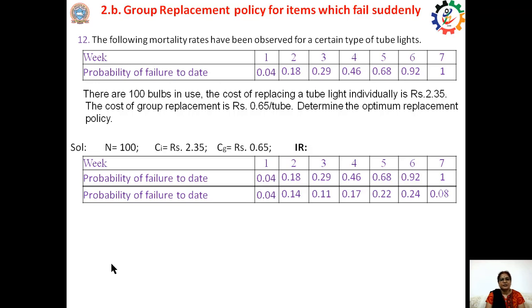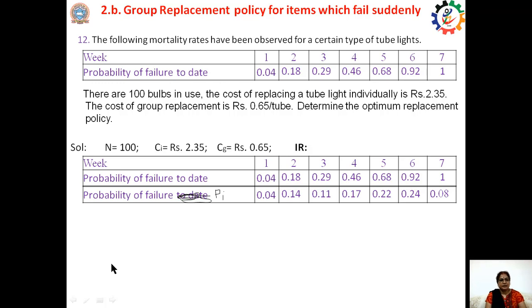Probability of failure to date, this is not to date, it is during that period. Just make the correction: probability of failure during that week. This is PI, not up to date. It is only during that particular week.